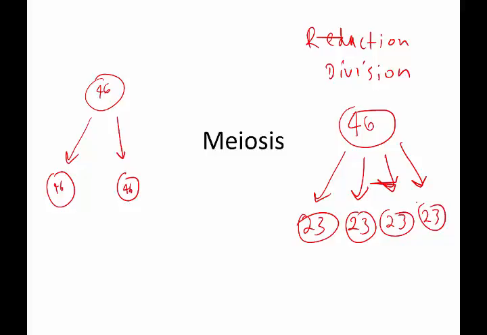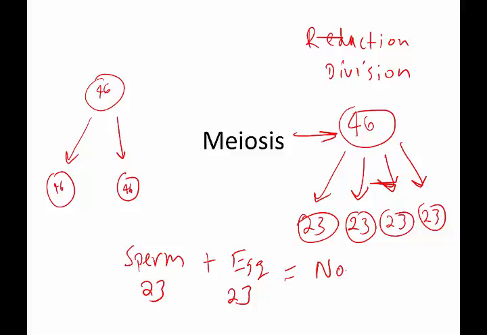And hopefully this makes intuitive sense to you. A normal human has 46 chromosomes. So when a sperm with 23 chromosomes meets with an egg with 23 chromosomes, we get a normal human with 46 chromosomes.